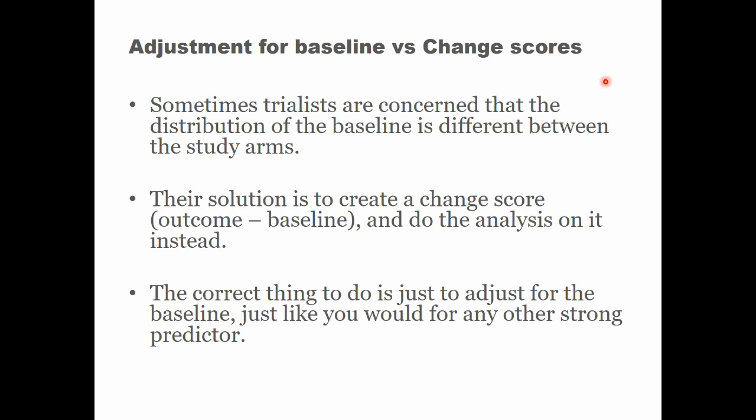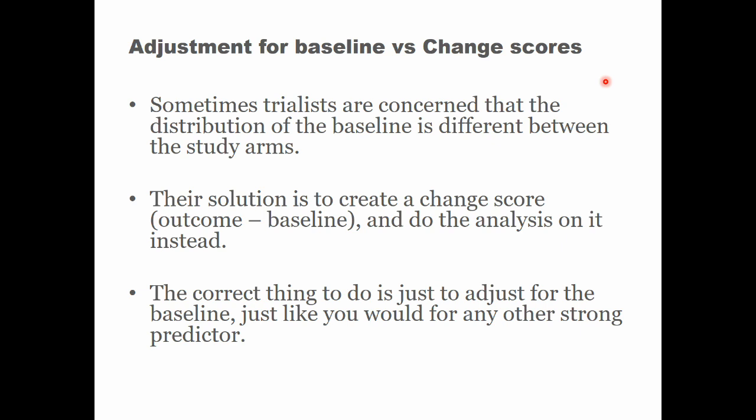And so if people who happen to get into the active arm have blood pressure higher than we would expect based on the regular distribution, just by chance, then that's going to get tied up with our treatment effect, if the baseline and the outcome are related. And they will be, because they're measures of the same thing at 2 different time points.